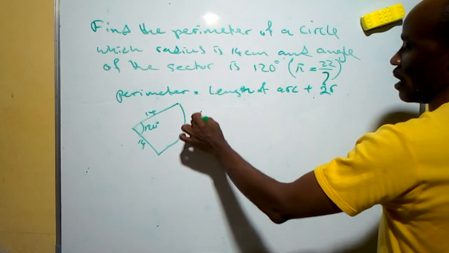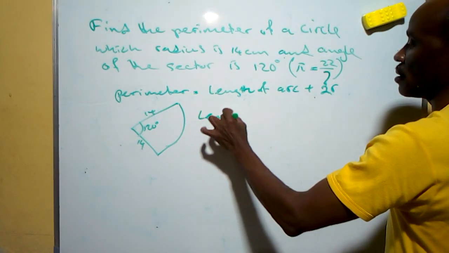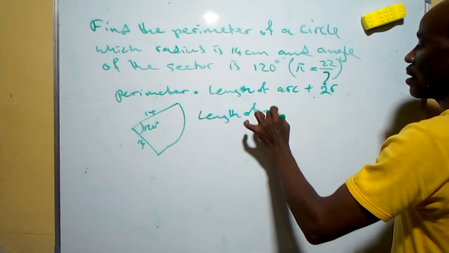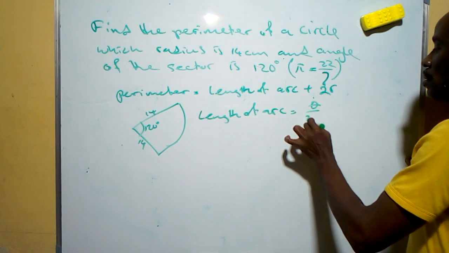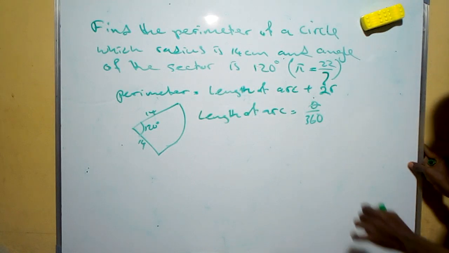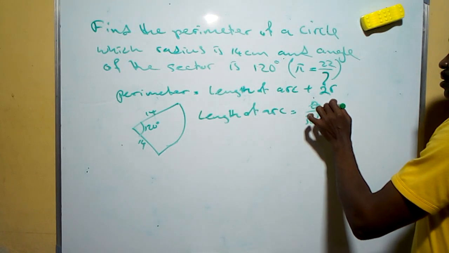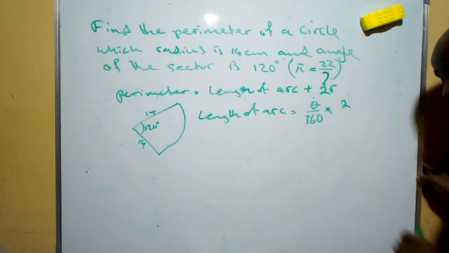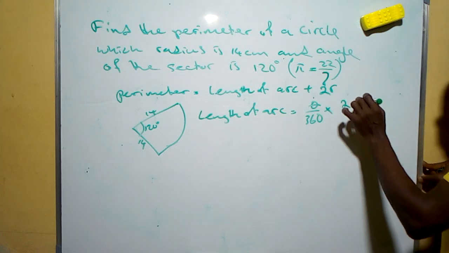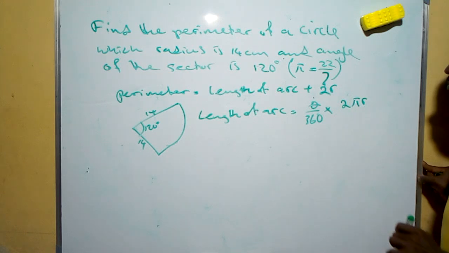The length of the arc will be equal to theta over 360 times 2 pi r.